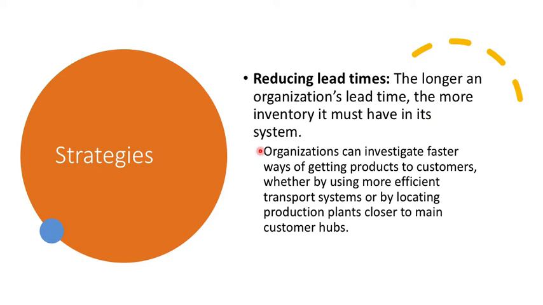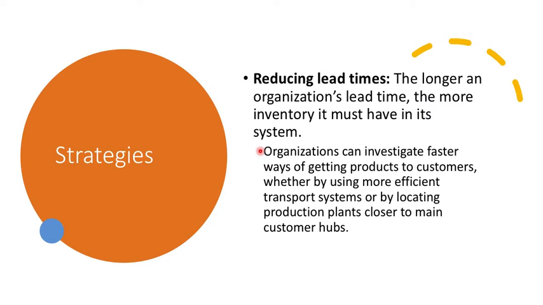Reducing lead time. The longer any organization's lead time, the more inventory it must have in its system. And the reason is, if you're taking more time, your whole process is working very slow. And if your process is working very slow, you're going to build up a huge amount of inventory because your process is working slow.